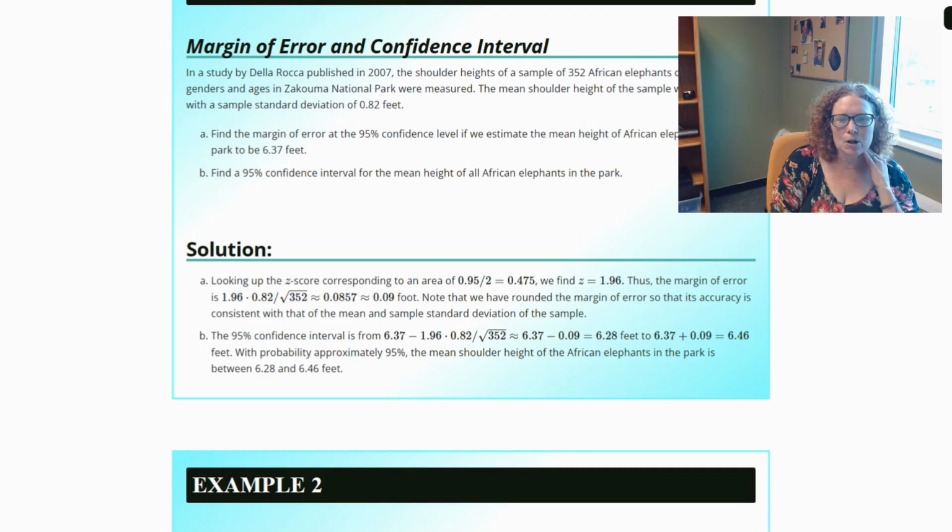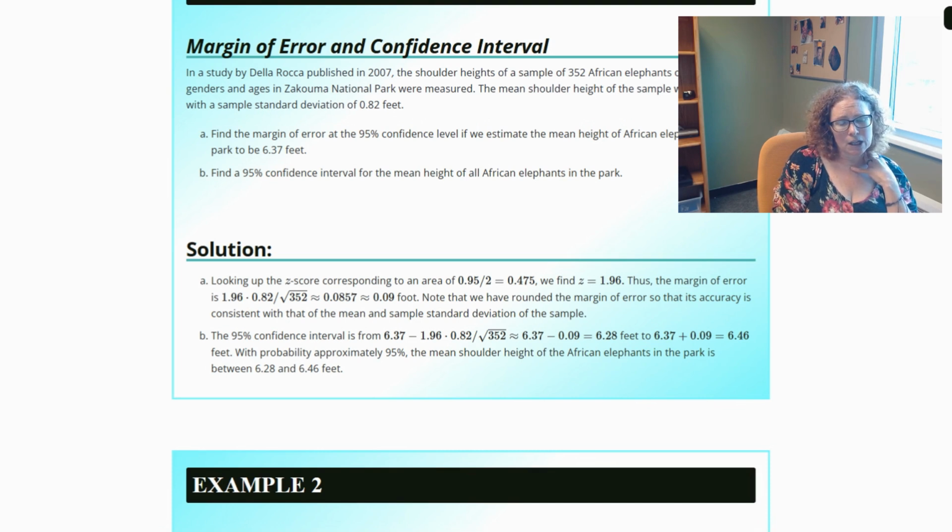So the margin of error would be that 1.96 times your 0.82, because that was the standard deviation, right? Divided by the square root of the sample size, which was 352. And so when you figure that out, you get 0.9. So we're looking at the margin of error for that.